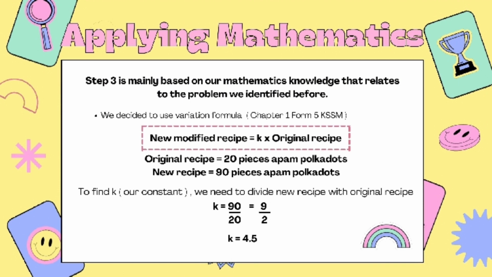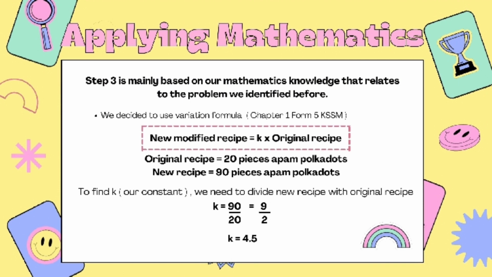K refers to the constant which will help us to calculate and create the new recipe based on the original one. As stated before, the original recipe will get us to 20 pieces of appam polka dot, but Puan Salma needs 90 pieces of appam polka dots, which will be the subject of the new modified recipe.